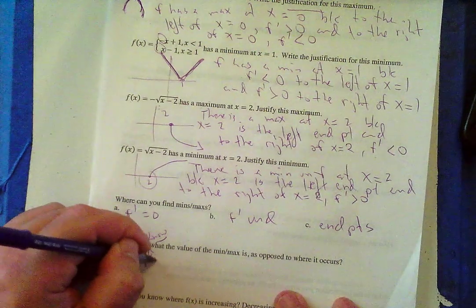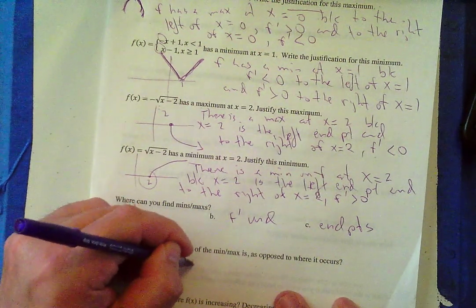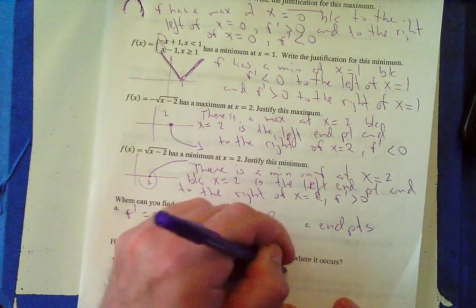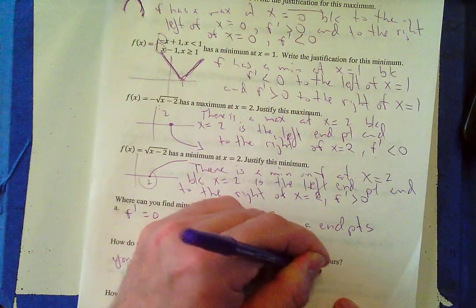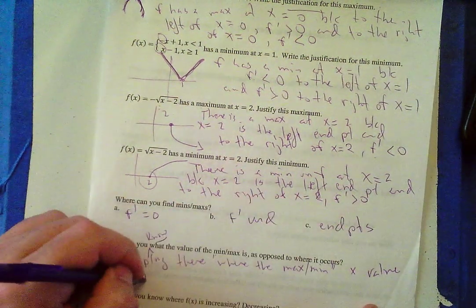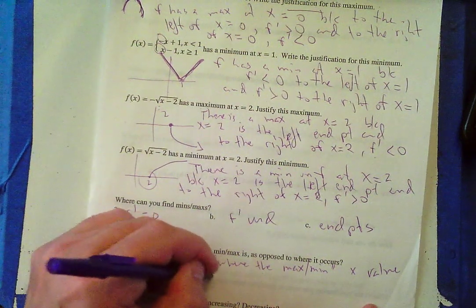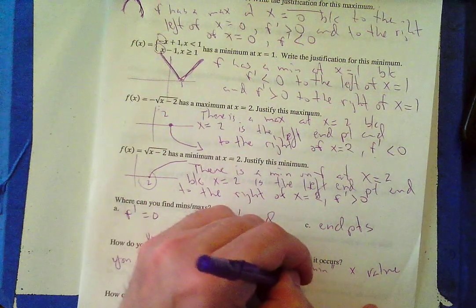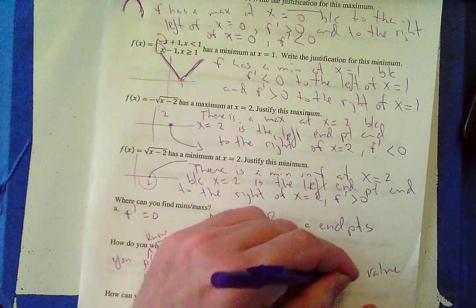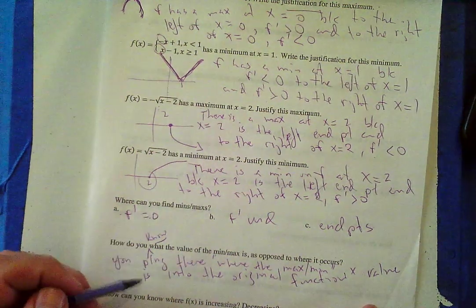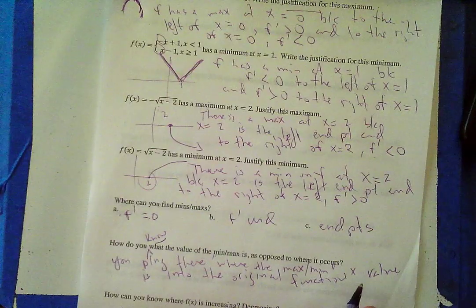You plug the x value where the max or min is into the original function. So we're using the derivative to find the max or min, but then we're going to take that critical number, or that endpoint, and plug that into the original function.